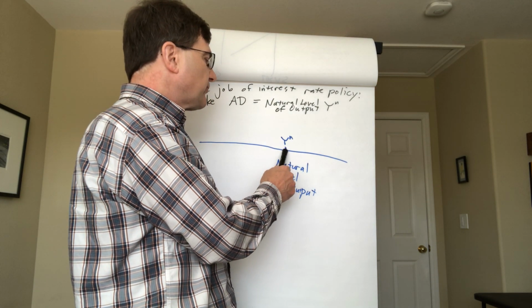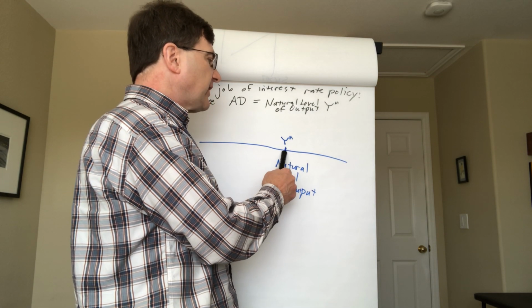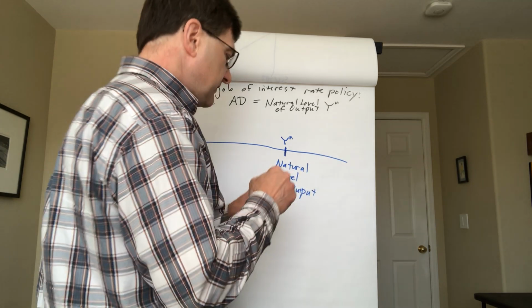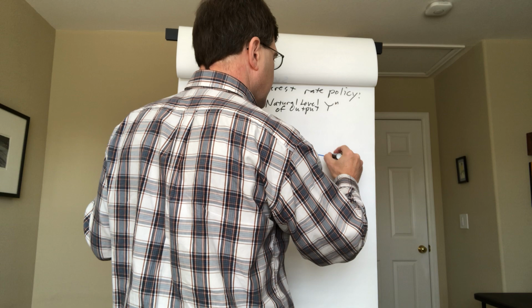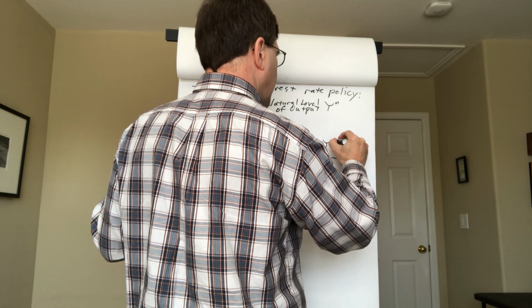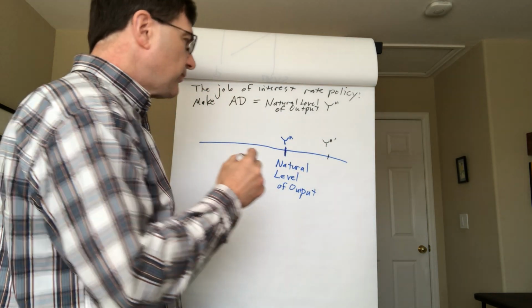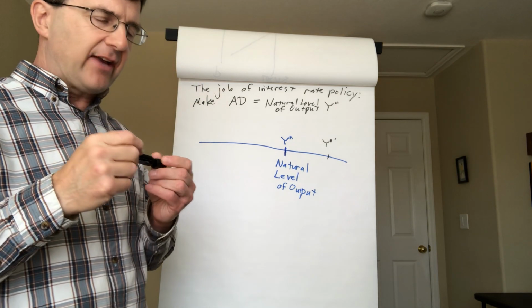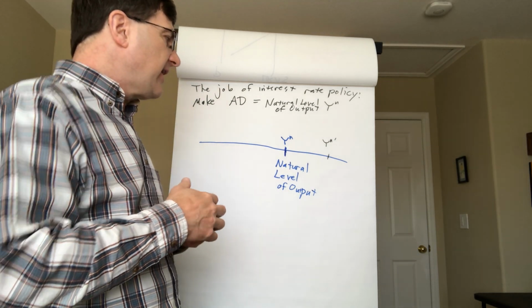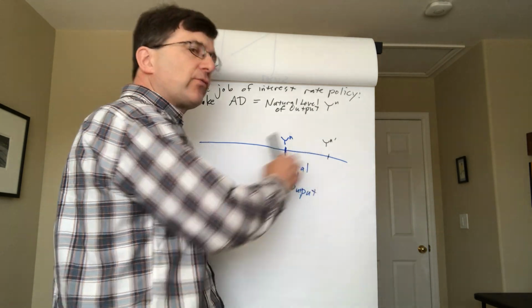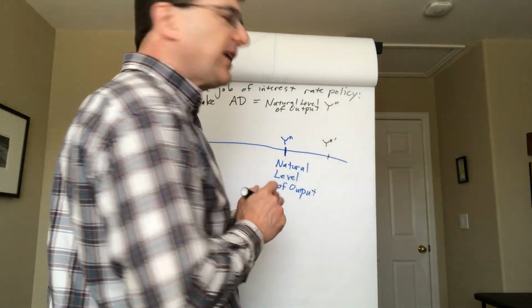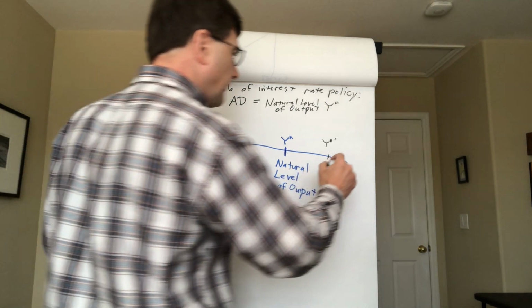What could disturb things? Well, one thing is the natural level of output could go up. Okay, so what if we wind up with YN prime up here? Well, now you've got a higher natural level of output, and you need to adjust aggregate demand upwards. How do you do that? You cut rates. So why would the natural level of output go up?